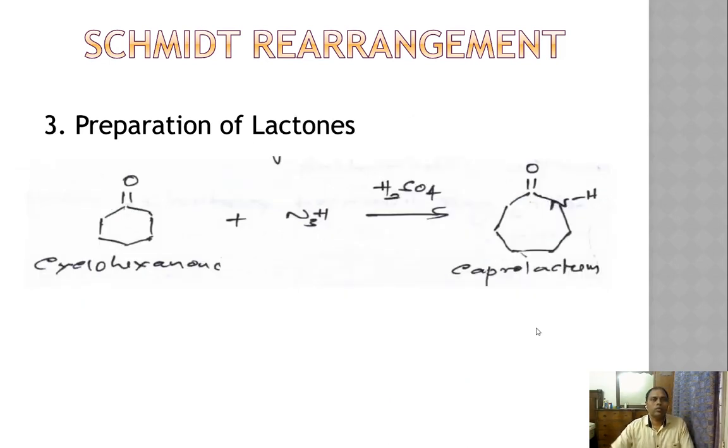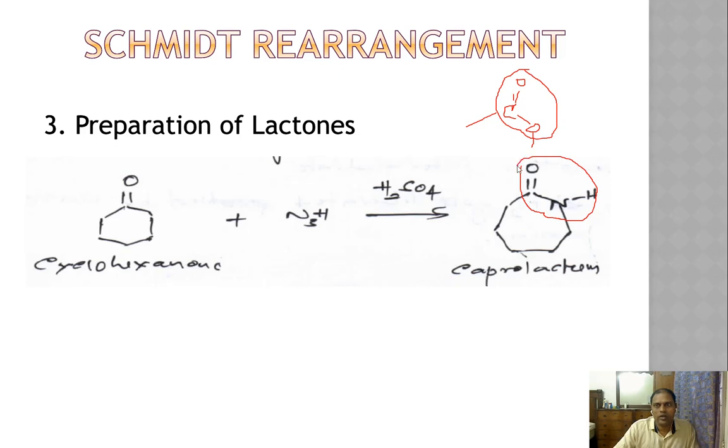Third one, used in the preparation of lactones. So what are lactones? When you have CO and then an ether-like group in the cyclic ring, then it is called a lactone.